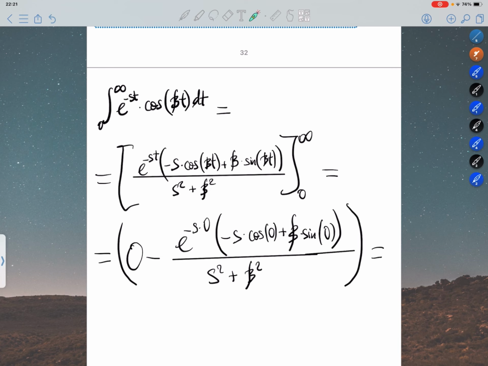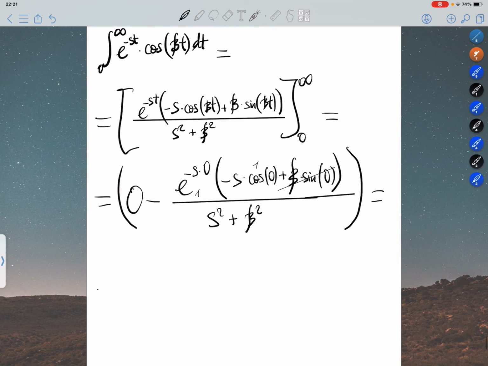Now we can see that e to the power 0 gives me 1, right? So here we have a 1 times, inside here sine of 0 is going to cancel out, so this is going to go away, and cosine of 0 is 1, so basically this is equal to 0 minus, so we have minus up front here, and then on the numerator 1 times minus s times 1 plus 0, right?